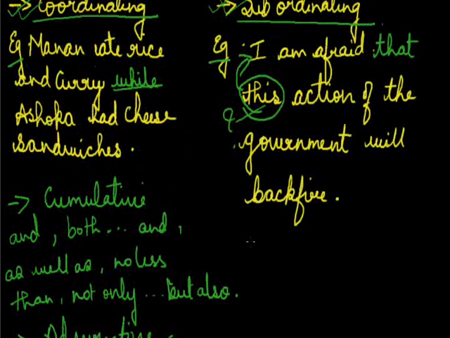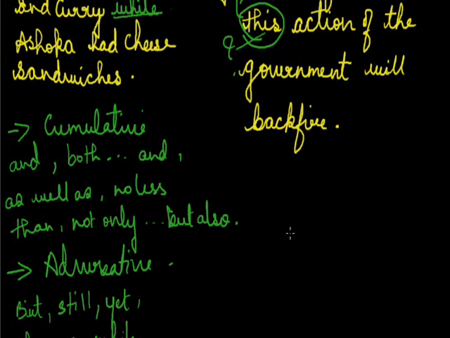Coming on to subordinating conjunction, it also has several parts. Like the first one, it tells about time, and the conjunctions used for time are: when, whenever, before, after, till, since, as soon as, while, and as. Now, the same conjunction can be used in coordinating as well as in subordinating. No need to be confused, because it depends on the way you're using it.